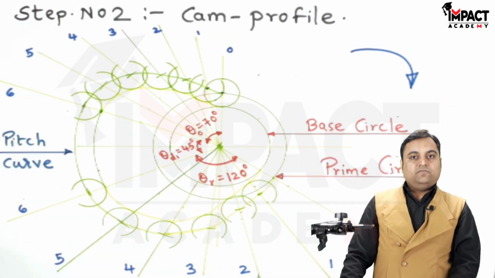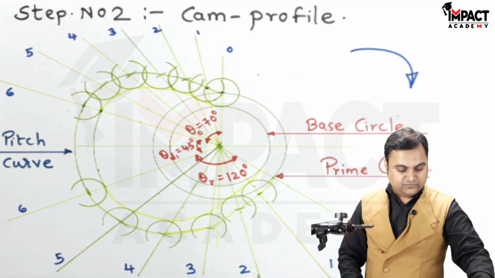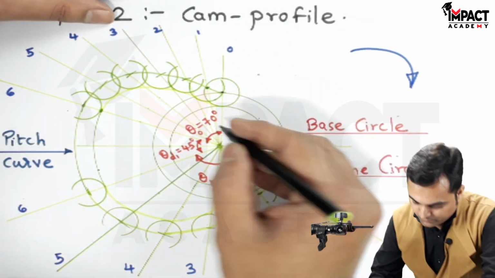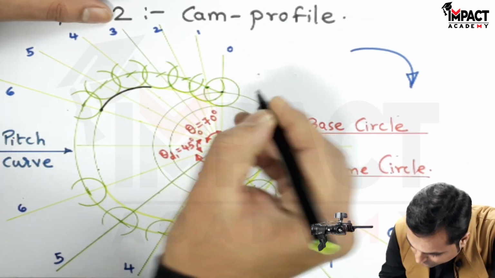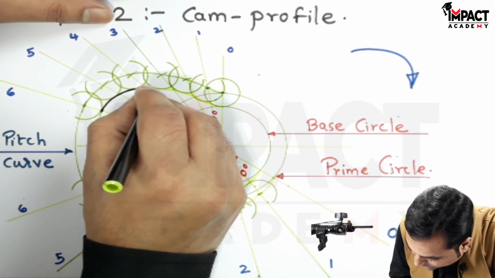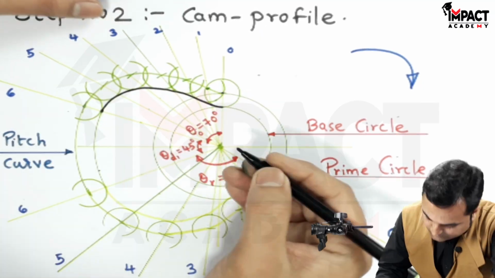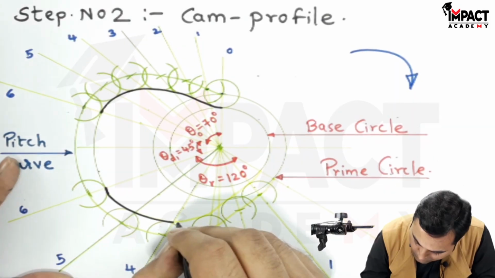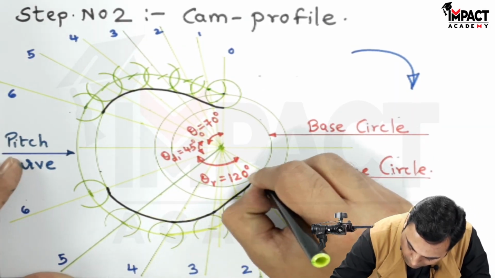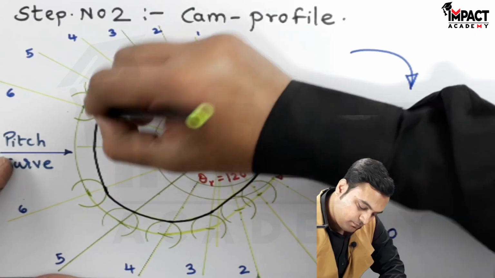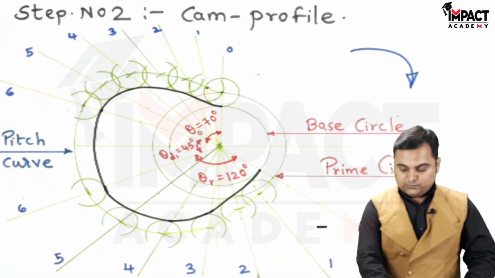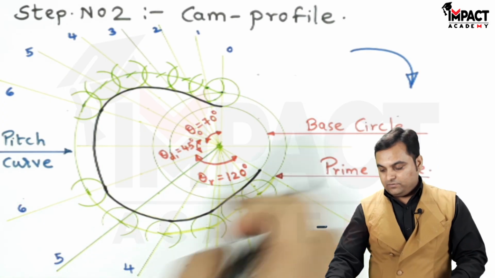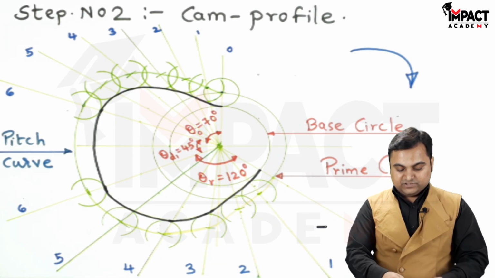After drawing this curve light, now I'll make it dark, which will be the final cam profile. Joining the base of the circles with the help of a smooth curve, and whatever portion is remaining here, that would be a part of a circle.